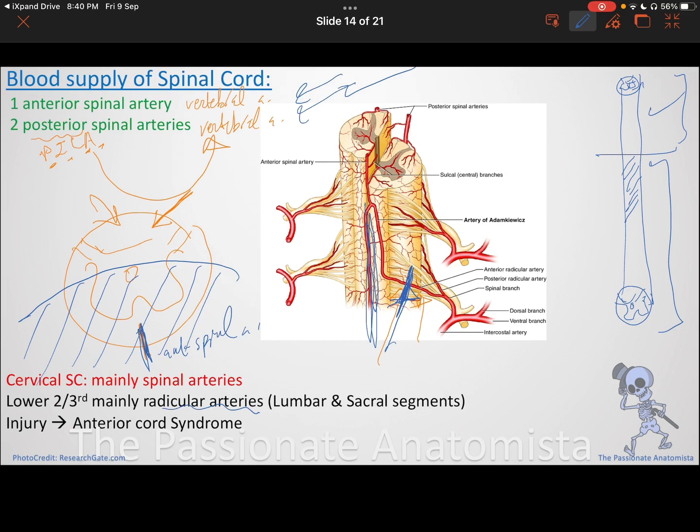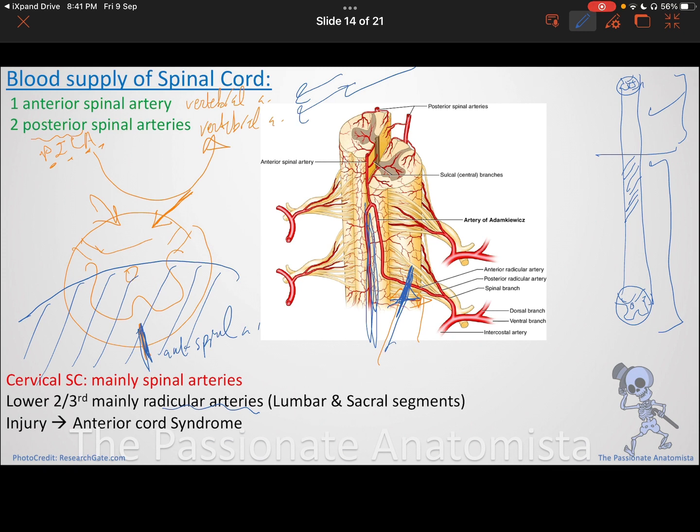So if I have injury to the aorta or any problem there to the great radicular artery, I'm going to have impaired blood supply to the anterior part of the spinal cord, which will cause ischemic injury, which will cause problems to everything in front of the spinal cord. And this is what we call the anterior cord syndrome.